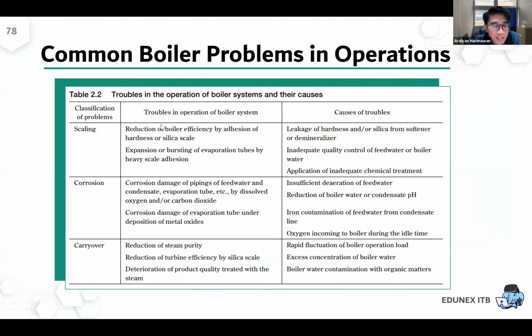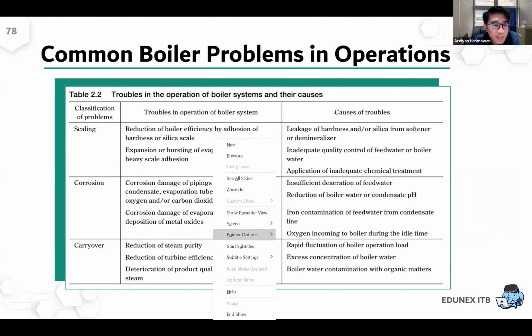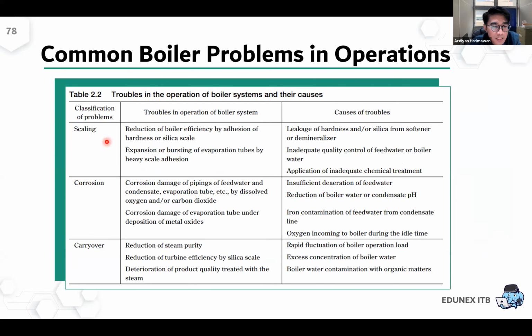Yeah, this is the common problem the boiler normally has. Scaling is basically due to the hardness or any component that sticks to the surface of either the heating tube or the other parts.